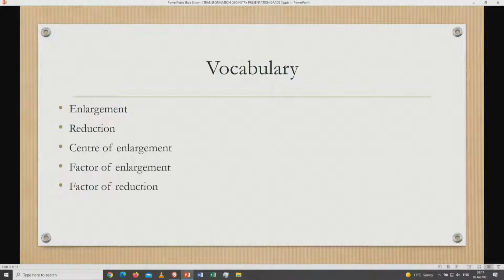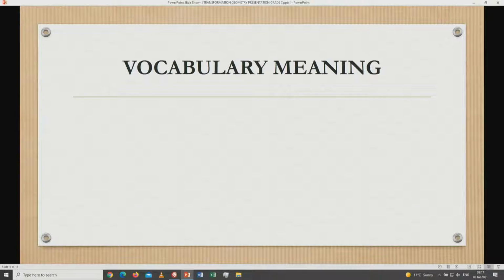So it is very vital and important for us, guys, that we understand what each word means, so that whenever we read a scenario, we are able to understand what it means. When we understand it, it becomes easier for us to do it. All right, then let us get to the vocabulary meanings.